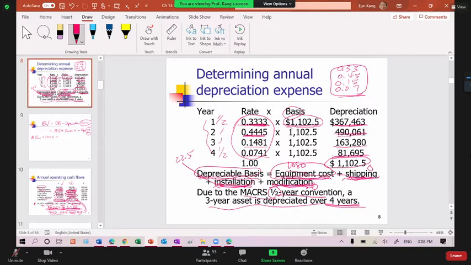This one is in thousands and this one is just the actual number.